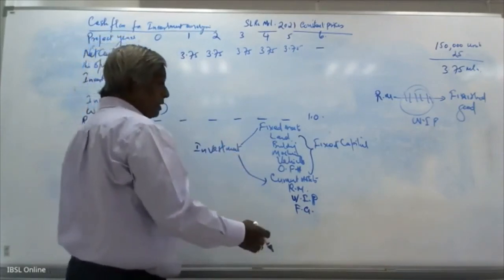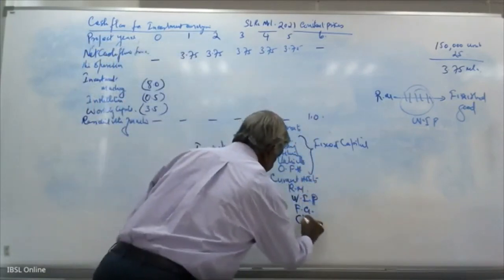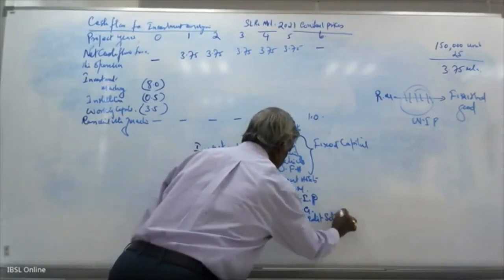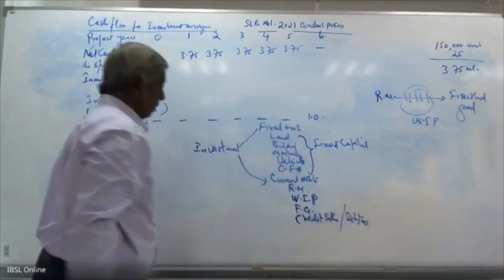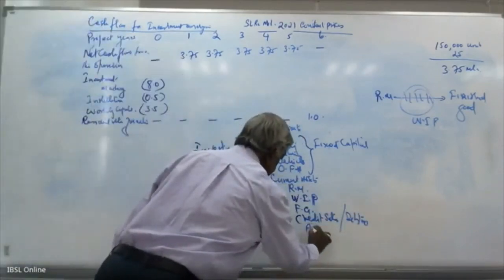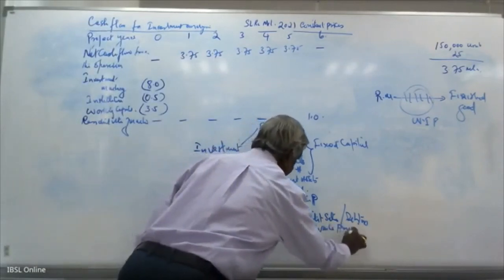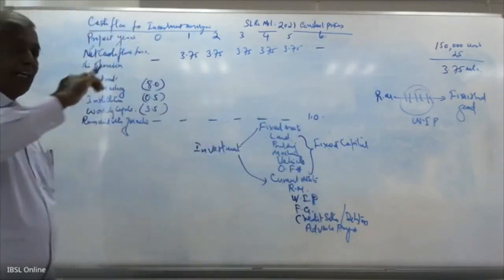And sometimes they sell it on credit. Credit sales, or debtors. Sometimes they make advance payment. These are current assets.